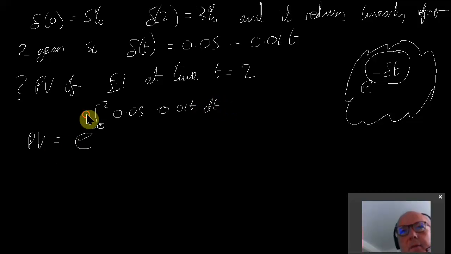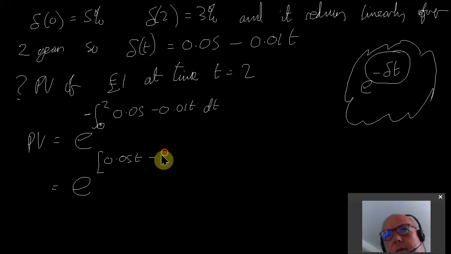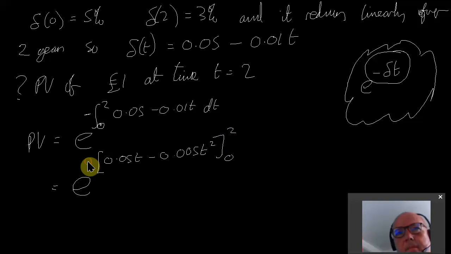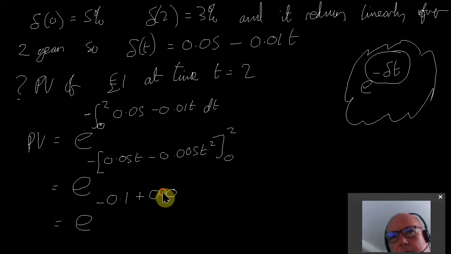And don't forget the minus in there because we're discounting. Okay, so that is nice and simple now. e to the minus, integral of 0.05t minus 0.005t squared between 0 and 2, and the minus is equal to e to the minus 0.1 plus 0.02.